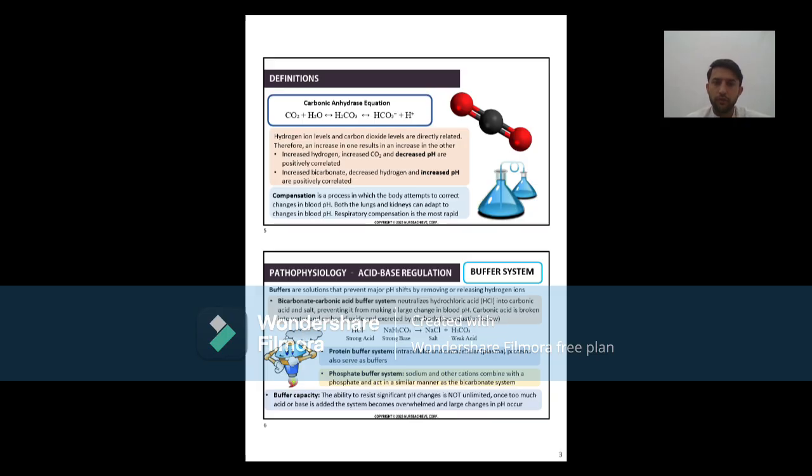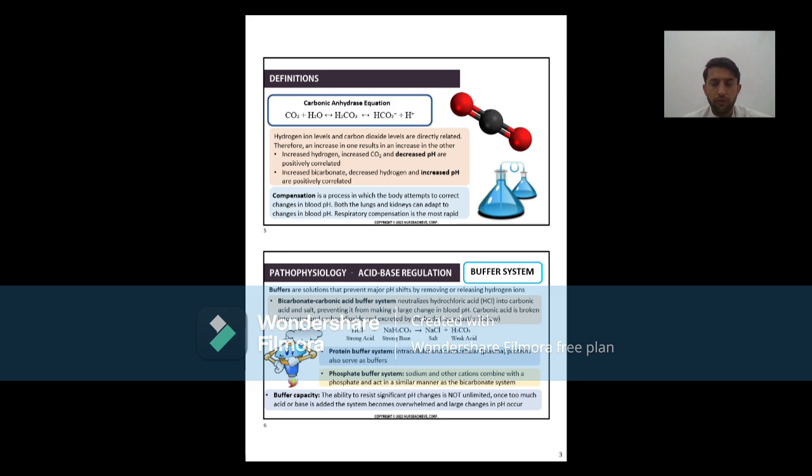For example, we have strong acids such as HCl and sodium bicarbonate, NaHCO3, and when they dissolve, they make sodium chloride and weak carbonic acid. We also have the protein buffer system, which is intracellular and extracellular.